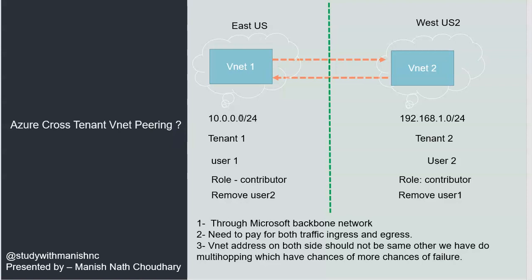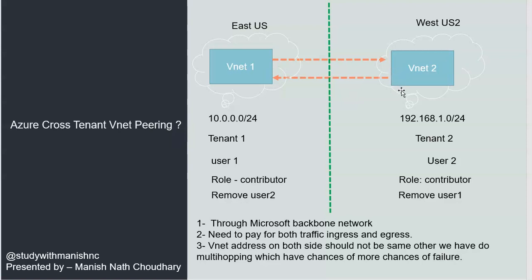For example, if one is 10.0.0.0/24, even though it is a private IP range, the second tenant should not use the same range. It should be different. Then only will vnet peering work. Otherwise we may need to create one hop, with the first peering here and then another peering from here to here.